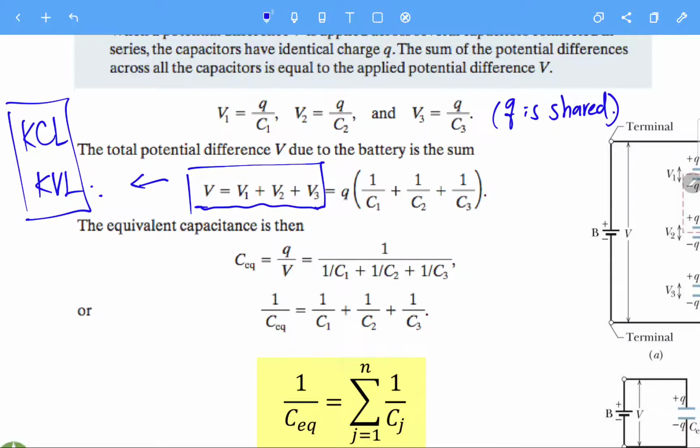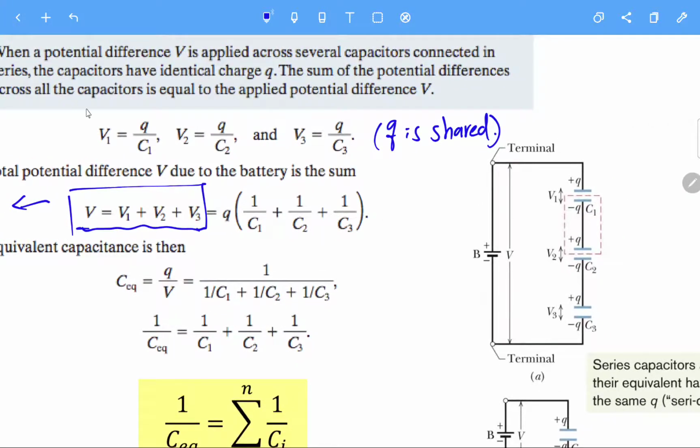So we use this fact, V equals V1 plus V2 plus V3, and then we substitute these three into here. Actually, Q is shared, so V1, V2, V3 are different. So we have Q over C1, Q over C2, Q over C3.